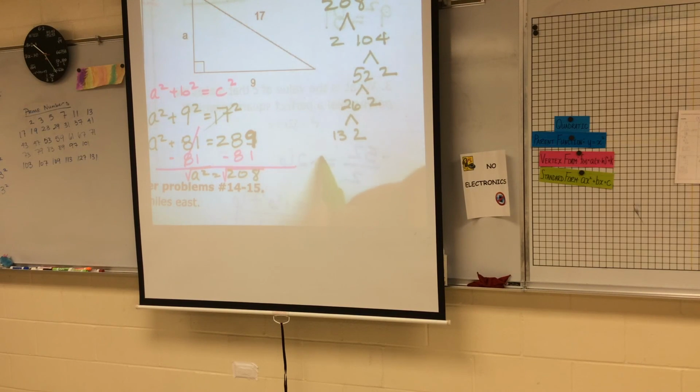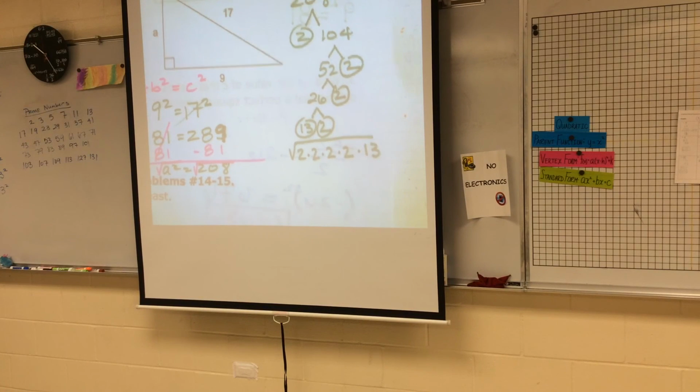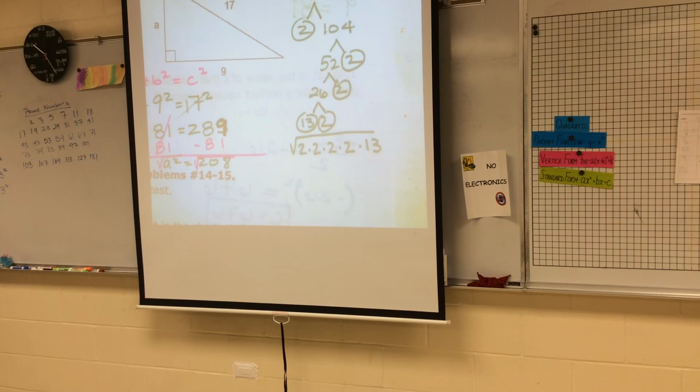All right, so then I can write the square root of 2 times 2 times 2 times 2 times 13. All right. So this is the square root. I've got a pair of 2's and a pair of 2's. So the square root of 2 squared times the square root of 2 squared.